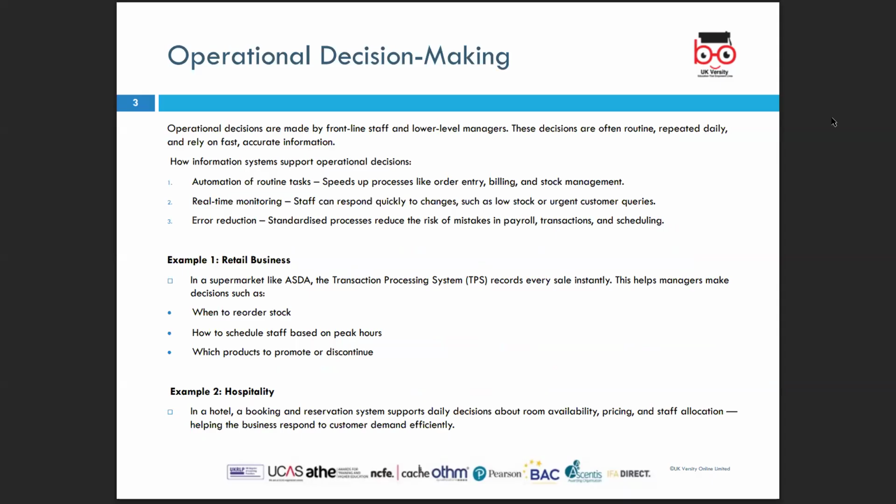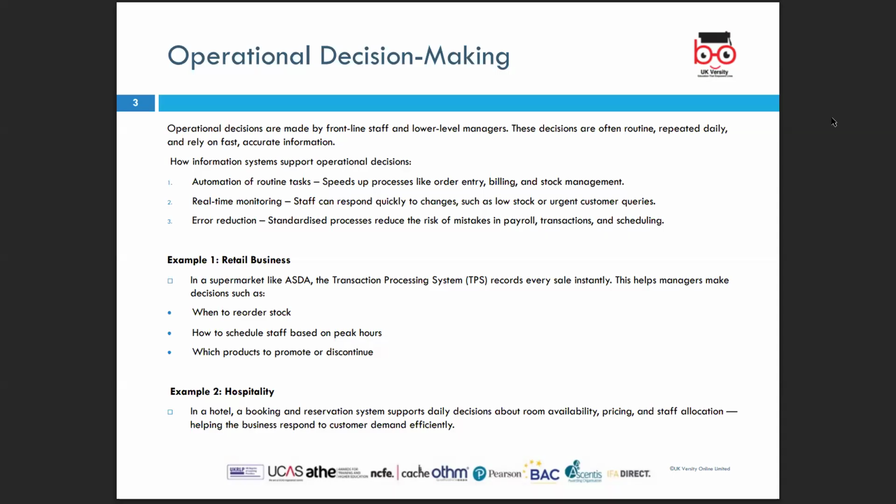When it comes to operational decision making, we now know that these are made by frontline staff and lower level managers. So these decisions are often routine, operated daily, and rely on fast, accurate information. So how does this information support our operational decisions?